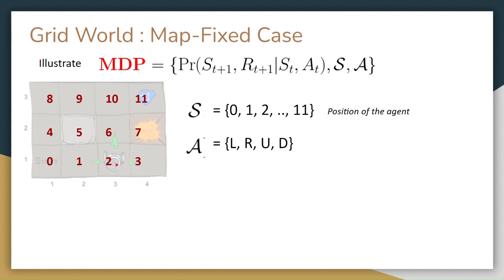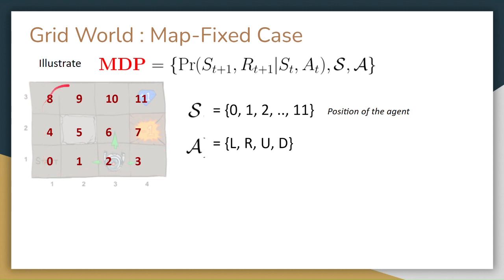It's not like a Mario game, where when you move to the right, the map changes and you have a totally new state, a new picture. But here, the map is the same. Only the agent has moved to a different position.